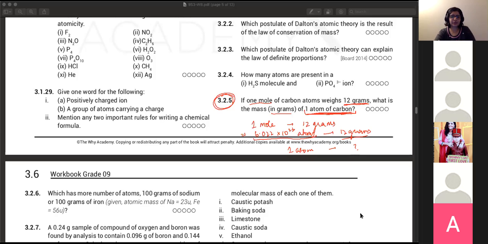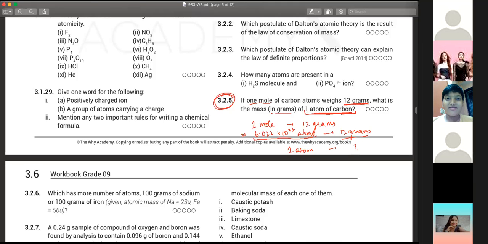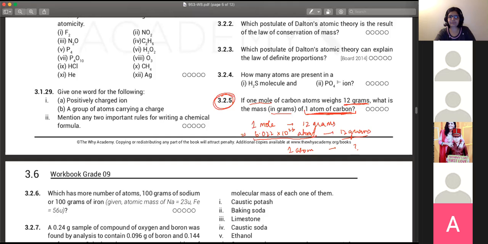Also, can you guys keep your video on? So Vasudha has already sent in her answer. Raghav, yes, but you need to calculate and tell now. Jaden, is that the complete answer?